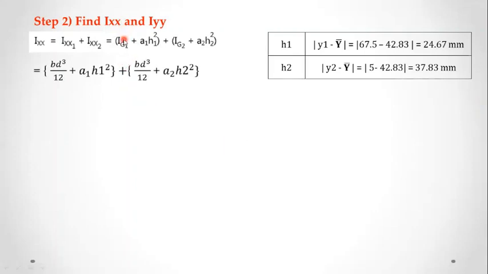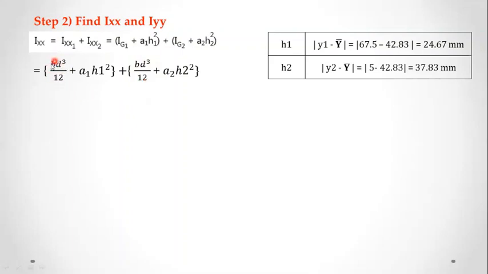Next step, Ig1. Ig1 is the moment of inertia of the first rectangle about its own centroidal axis. So we have to use the standard formula of Ixx, that is BD cube by 12 for a rectangle. Similarly, Ig2 is also a rectangle, so the formula will be BD cube by 12.